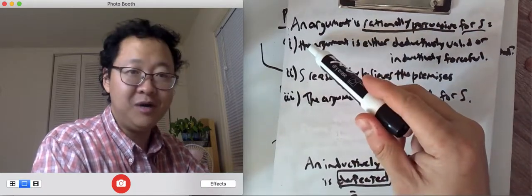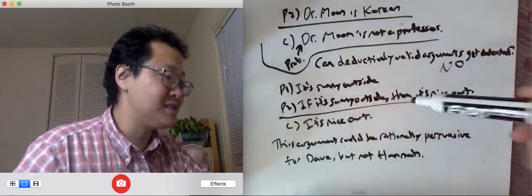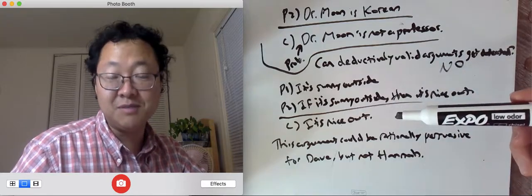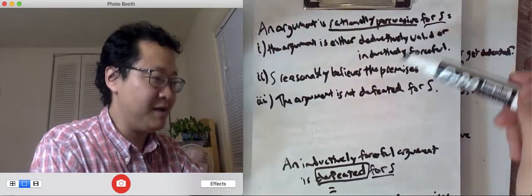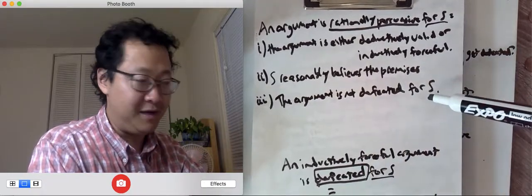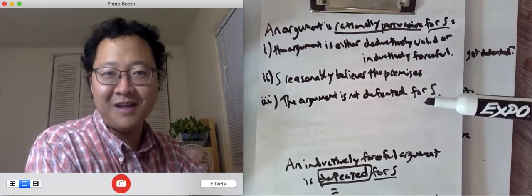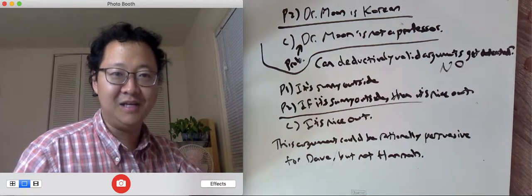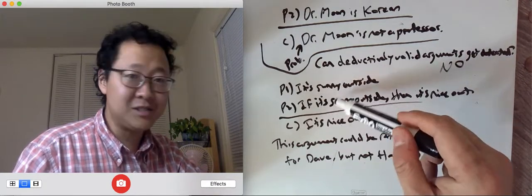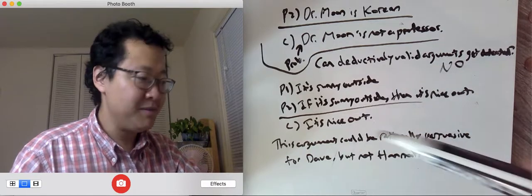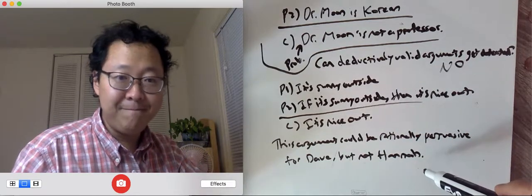How about condition 1? Well, the argument is deductively valid because it's modus ponens. And the argument's not defeated for him because deductively valid arguments cannot be defeated, as we learned up here. So this argument could be rationally persuasive for Dave, but maybe not for Hannah.